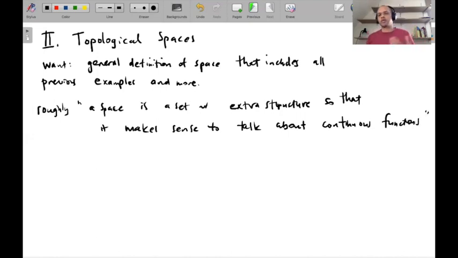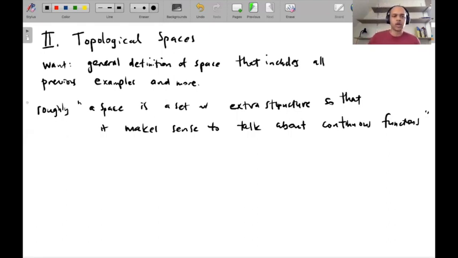We saw when we discussed topological equivalence, it relies on a notion of continuous function between the two spaces. And so whatever our definition of topological space is, we had better have a notion of continuous functions between two spaces.